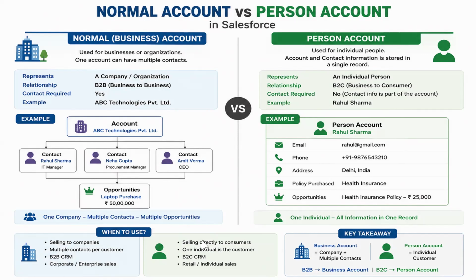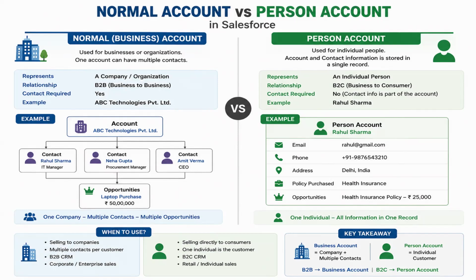Now, let's see how we implement this in Salesforce. For this, let me show you an example. Let me switch to my Salesforce platform and I will explain how that works.